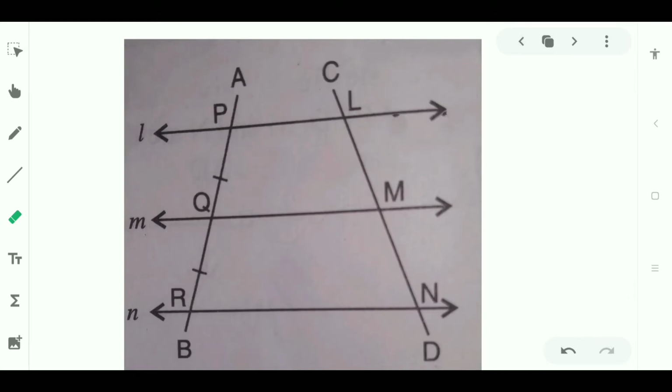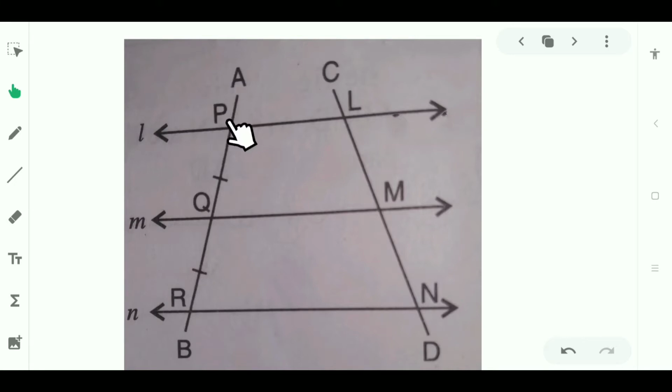So now let us see how to prove it. Here you can have a look at the diagram. Here we have 3 lines parallel to each other, L, M, N. Now this line AB made equal intercepts on these 3 parallel lines.